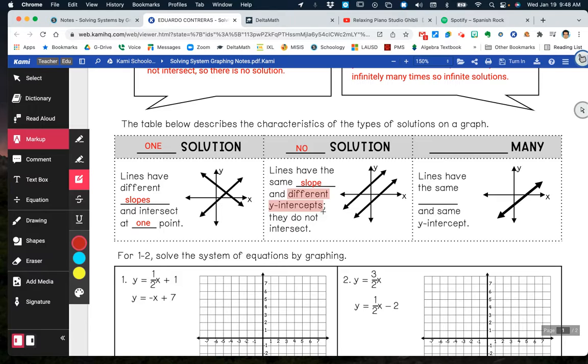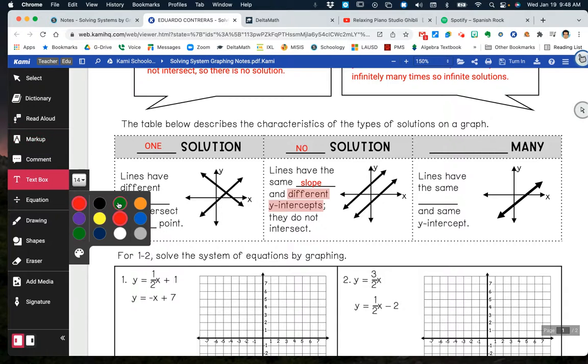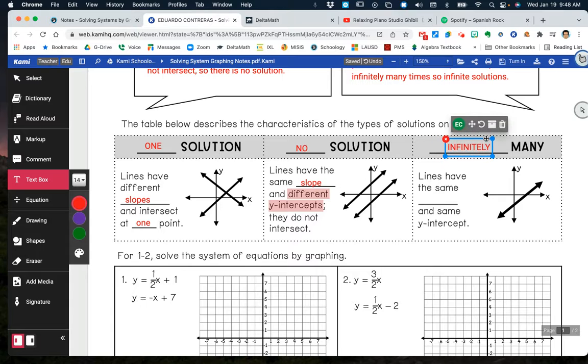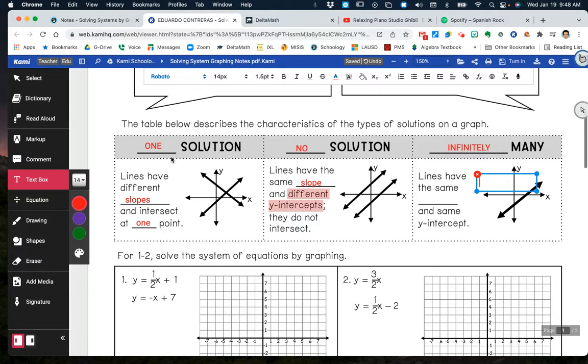And now we're going to talk about infinitely many solutions. Let me go back to text. And over here at the top, we're going to write the word infinitely many solutions. So in order for this to happen, basically the lines have to overlap.